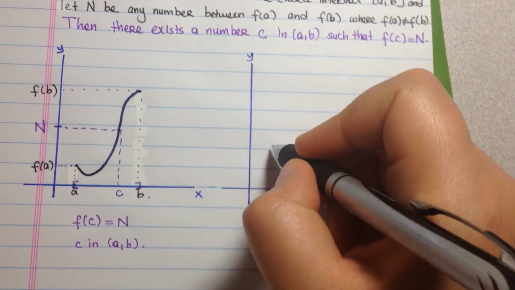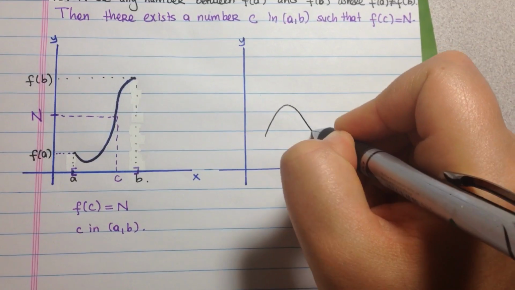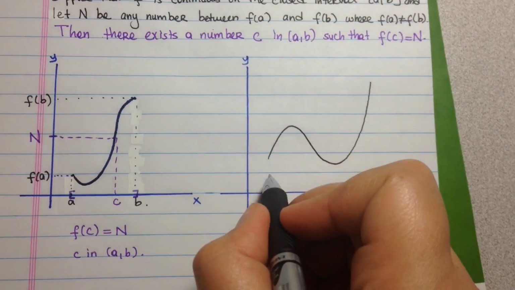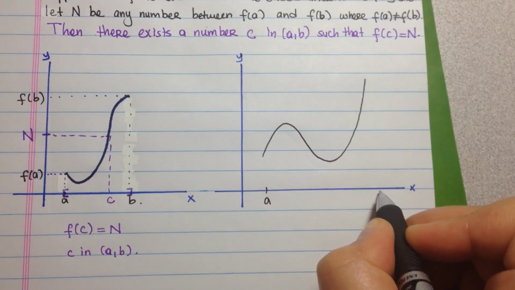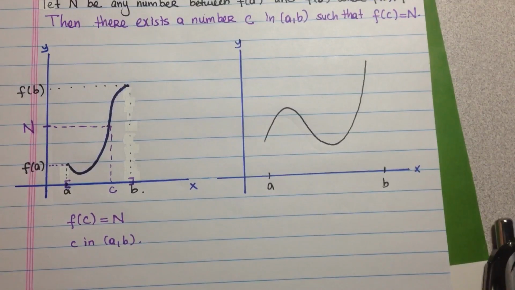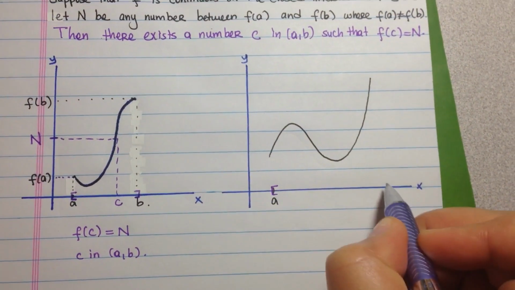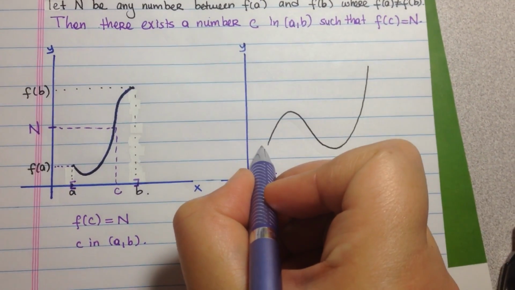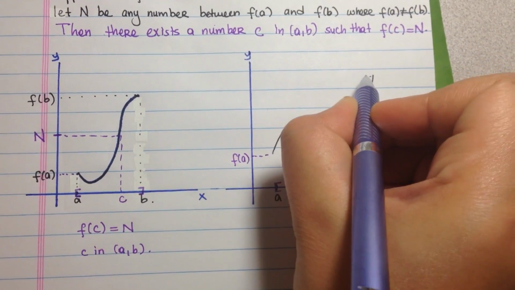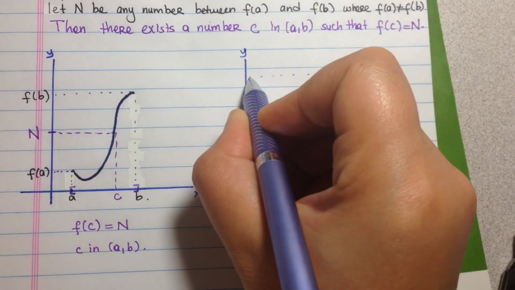So if you draw a function like this, and let's say this is my a and b, now you defined it on this closed interval, and that's your f(a), and this is your f(b) again.